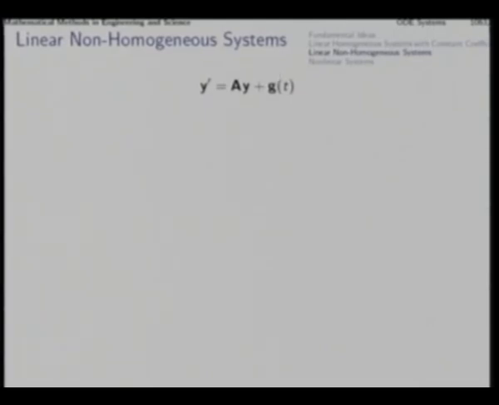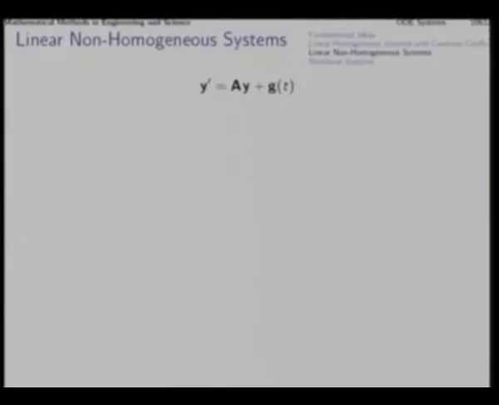And now, for solving the non-homogeneous system, as in the case of the ordinary single scalar differential equation, we can use the method of undetermined coefficients, which has limited scope, or we can use the method of variation of parameters, which is more general. Here there is a third method also, which is called the method of diagonalization, which will handle the matrix A through diagonalization if it is a diagonalizable matrix.